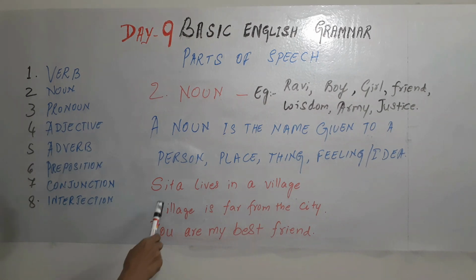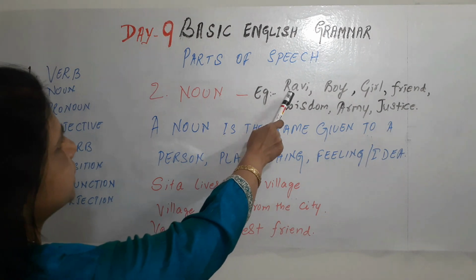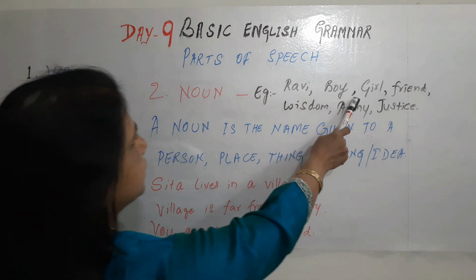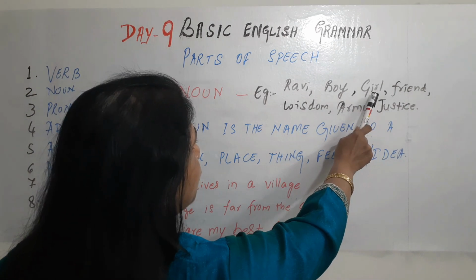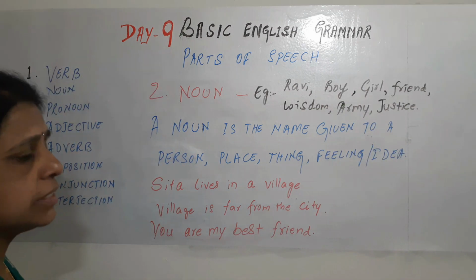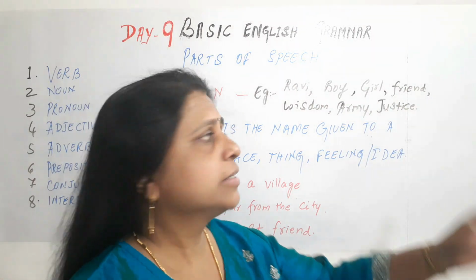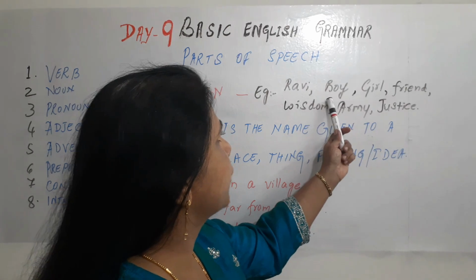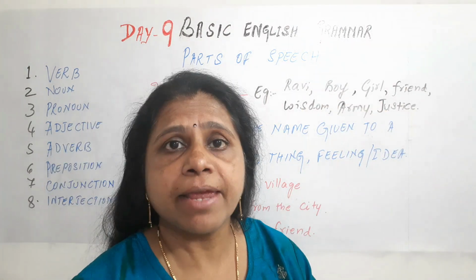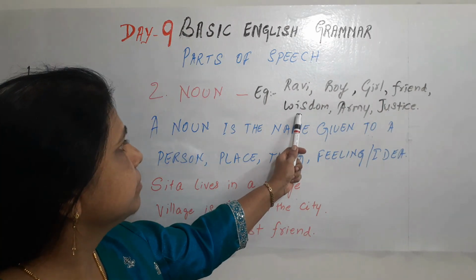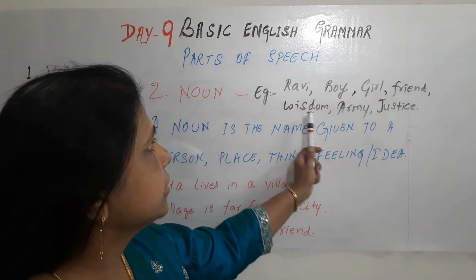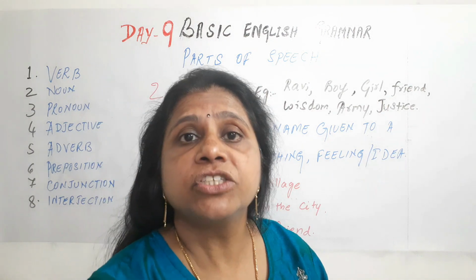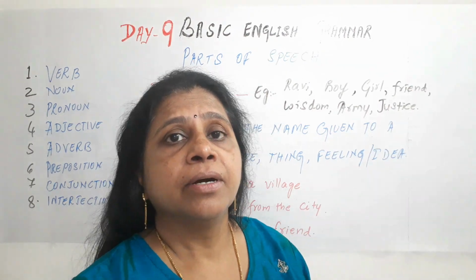All right. These are the examples: Ravi, boy, girl, friend, wisdom, army, justice. Girls, we tell she's a girl, right? She's a girl, he's a boy. That is also a name. Even wisdom is a feeling or an idea, which we cannot touch and we cannot see.